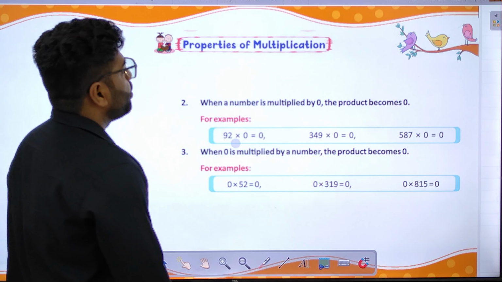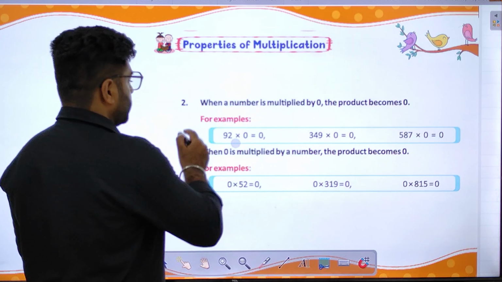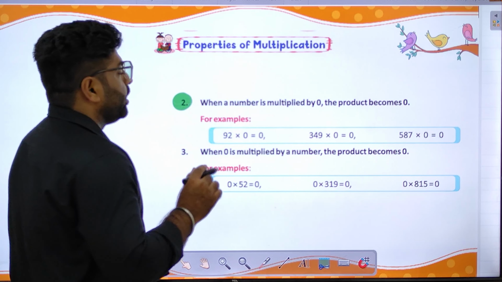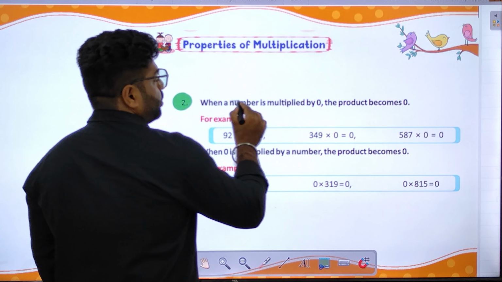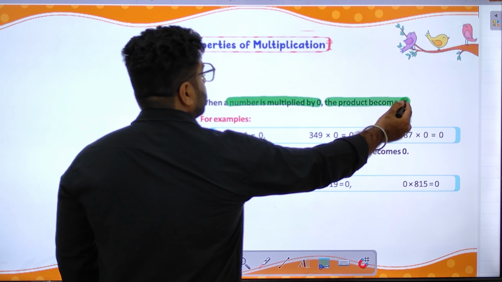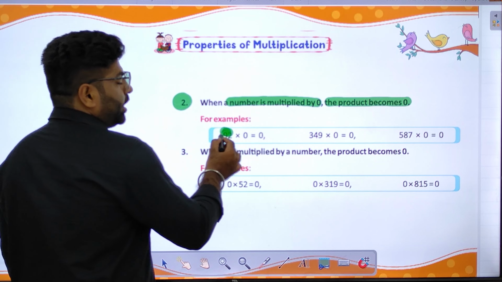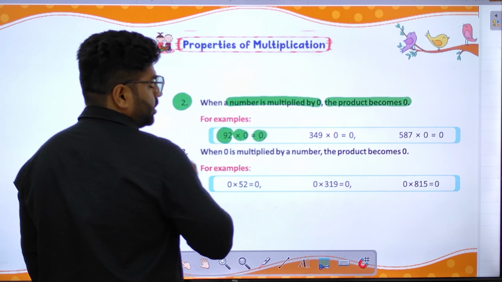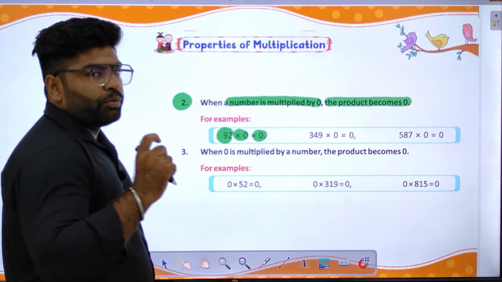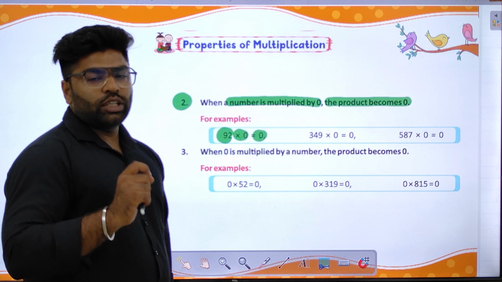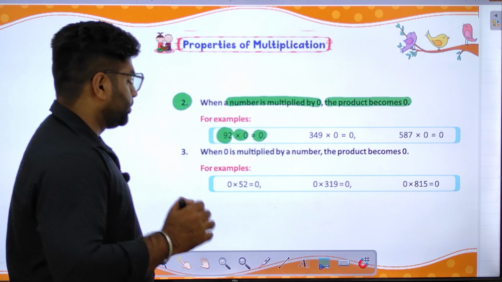Okay, now we are going to discuss our second property of multiplication. When a number is multiplied by 0, then the product becomes 0. For example, here we are having 92 multiplied by 0, we are having 0. So if you multiply any number by 0, then you will always have the answer 0.